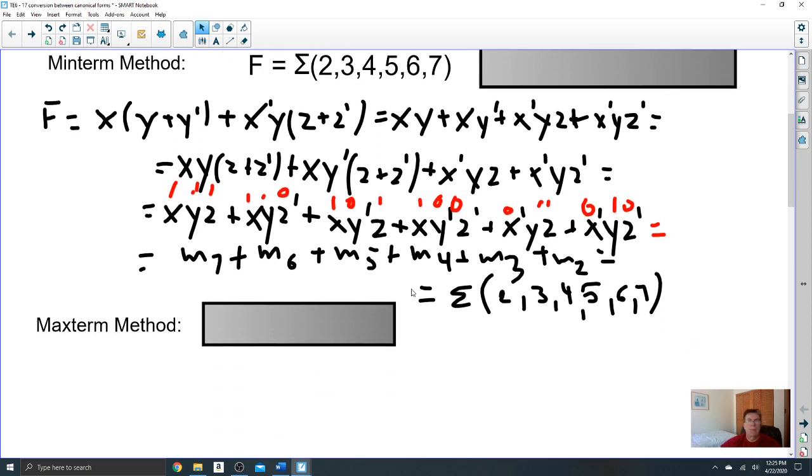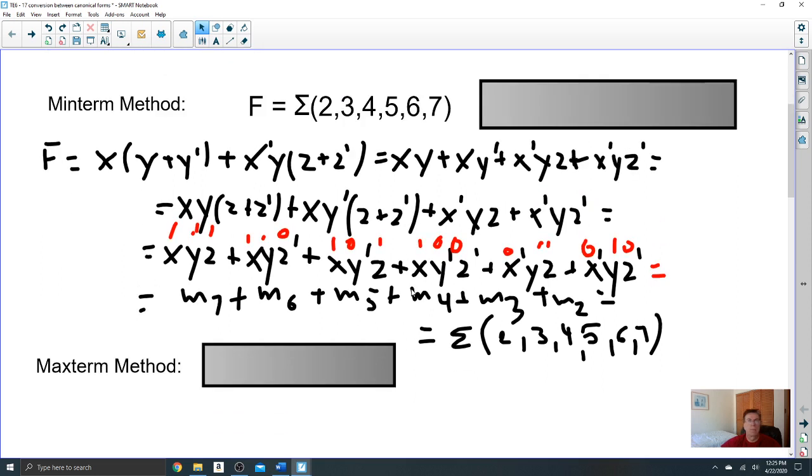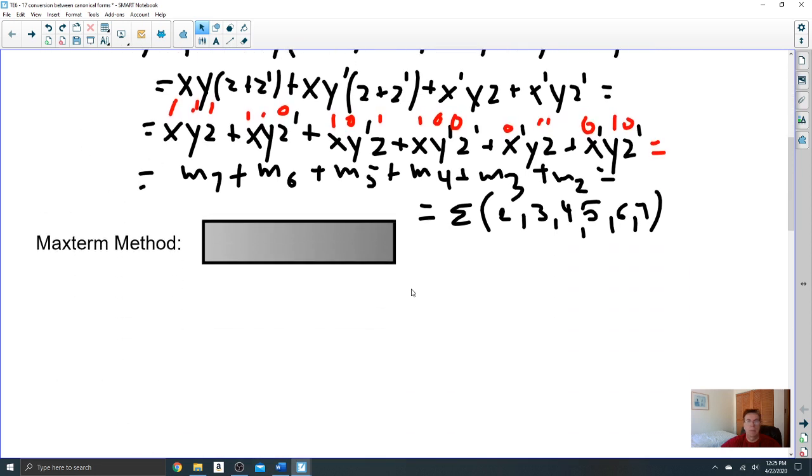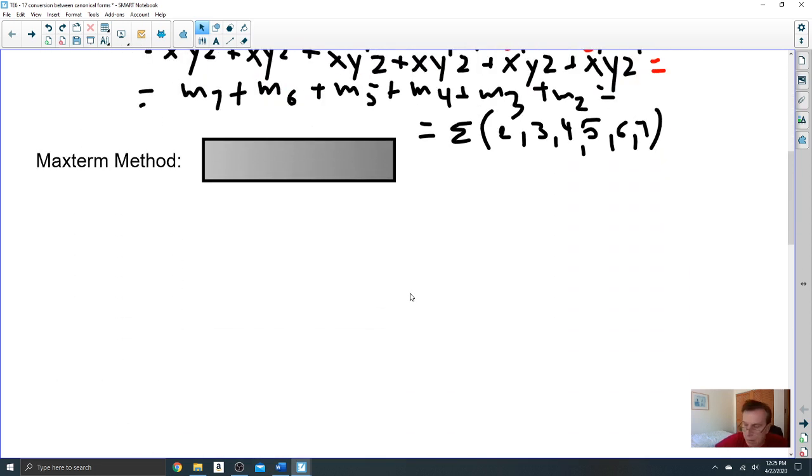Okay, Maxterm method. The same function, x plus x prime y. Okay, so the function is x plus x prime y. We're going to use the second distributive law to break up the product. All right, here, as you see, there's a term and there's a product here.